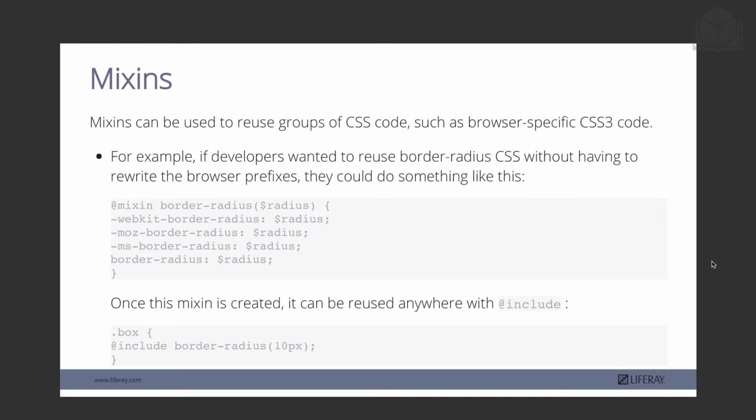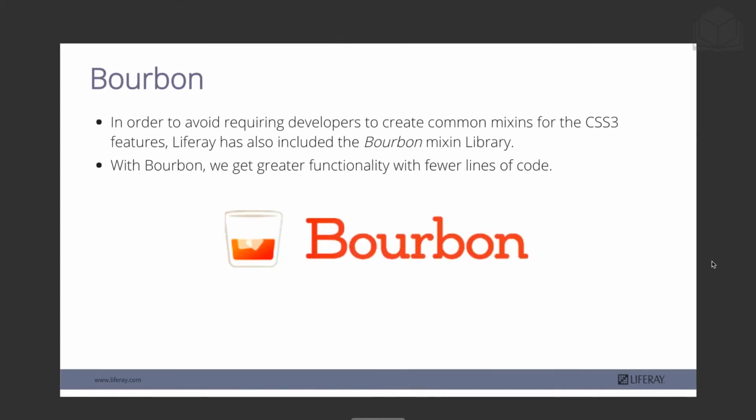So this is an example, and there are a number of frameworks that already do this, and we'll talk about what we have available to us here. But for example, if we wanted a border radius mixin for CSS3 border radius, we can create the mixin. We can use all of the OS-specific classes, and then we can just reuse the mixin throughout our theme. There's an example of that there.